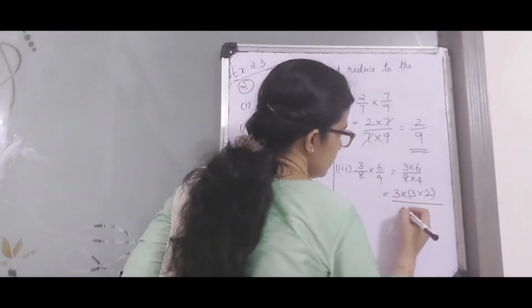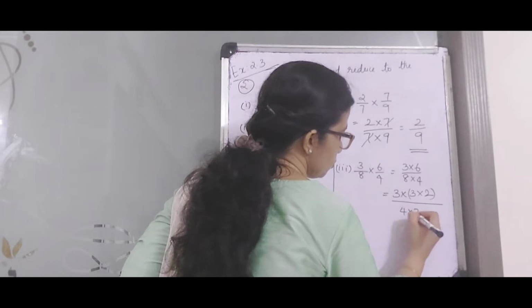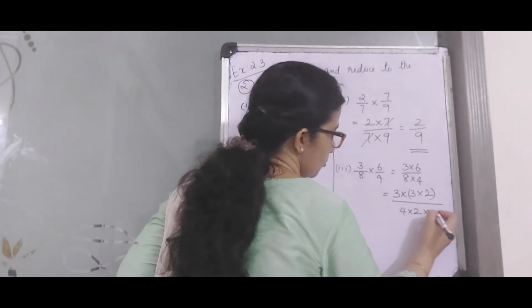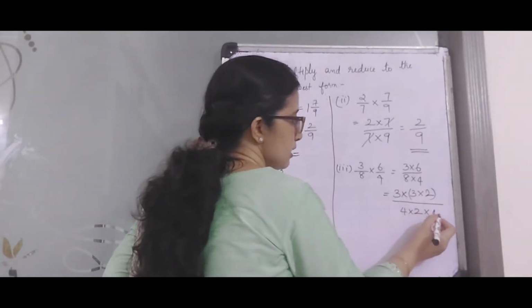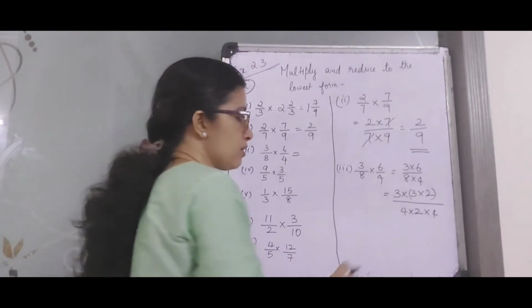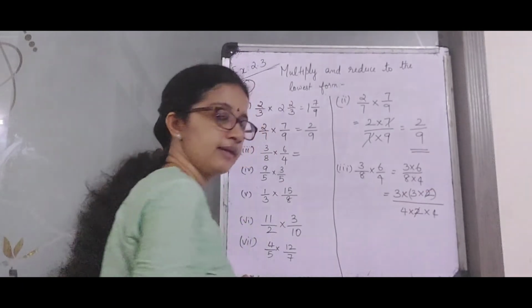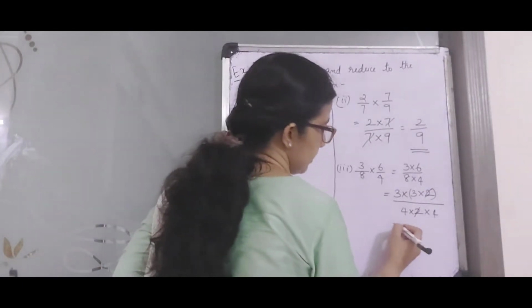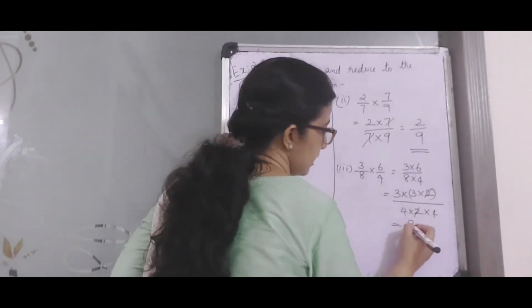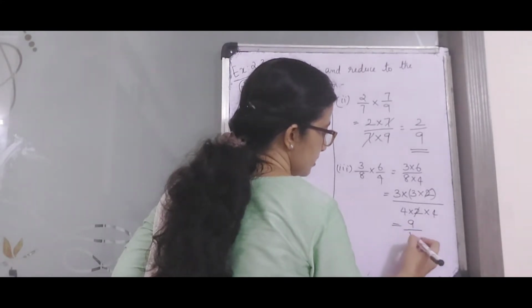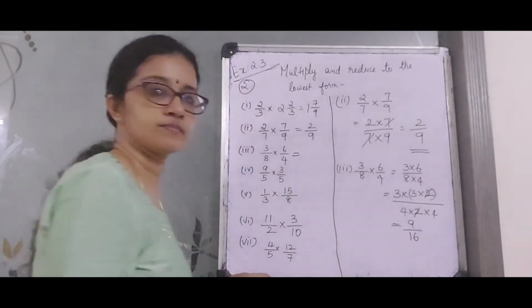And the denominator is 4 into 2 into 4, because there is only one 2 here. So let this 4 be like this. Okay, so this 2 and this 2 will get cancelled now. Correct? Now this can be written as 3 into 3 is 9, 9 divided by 16.